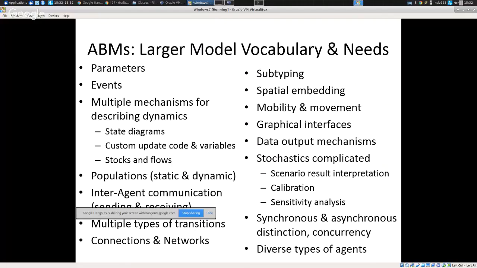Stocks and flows here will characterize, ladies and gentlemen, continuous dynamics. Dynamics involve continuous quantities, particularly quantities which exhibit feedback in their evolution over time. Positive feedbacks, negative feedbacks. It ain't going away. We'll see it within agents in what are called hybrid models.